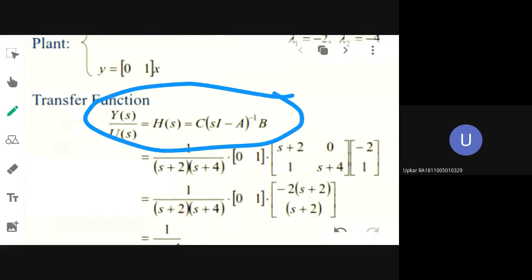What is the formula specified there? Are you able to see or not? Yes, ma'am. That equation that I am circling? Or is there a delay in the screen? Somebody should tell me what happens on the screen, otherwise I will not know. Are you able to see the screen properly, that equation that I circled? Yes, ma'am.